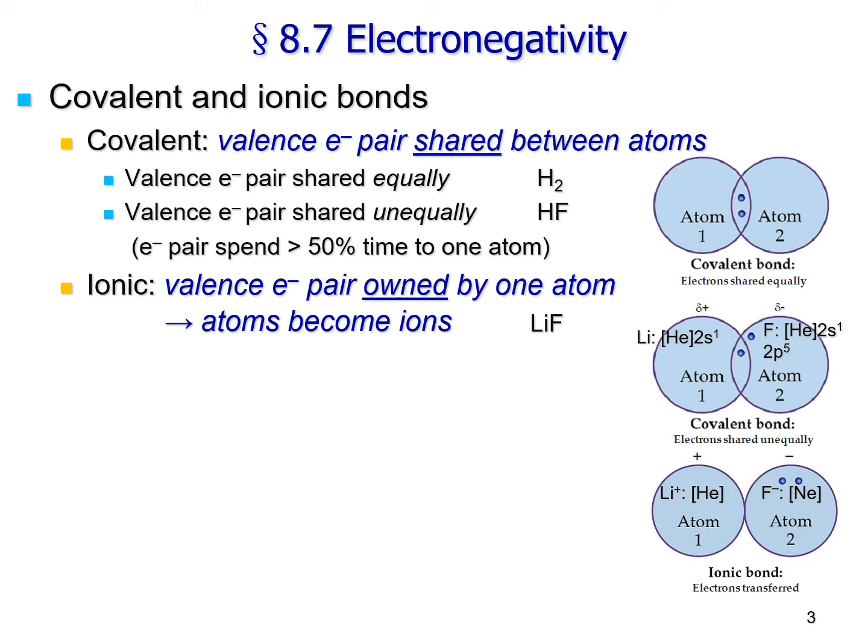Fluorine, much easier. That is why it becomes an anion by bonding with lithium. Or it can have more than 50% of the time for this bonding pair towards itself. It cannot be 100% because hydrogen still fights for the ownership of that pair of electrons.